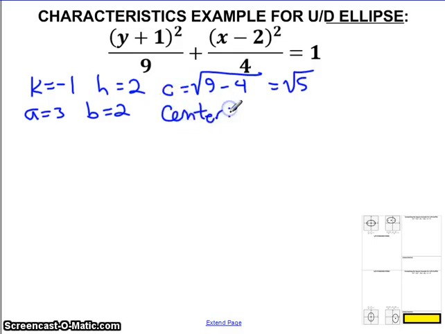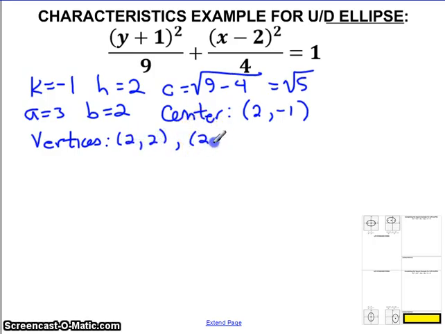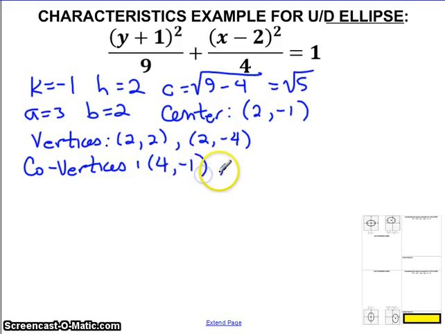My center point, h, k, is 2, -1. Okay. What else? Vertices. Vertices are going to be at 2, 2, and also at 2, -4. Co-vertices are going to be at 4, -1, and also at 0, -1.